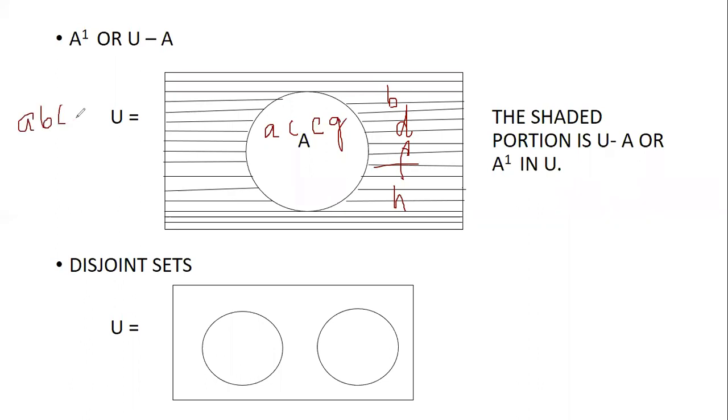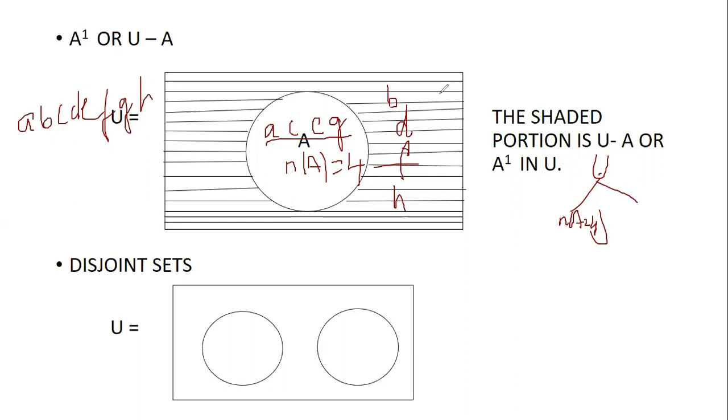A, B, C, D, E, F, G, H. Now out of all of these elements, when this rectangle is the universal set, A, C, E, G is already there as a part of set A. So n of A is 4, correct? Out of the universal set, n of A is 4.